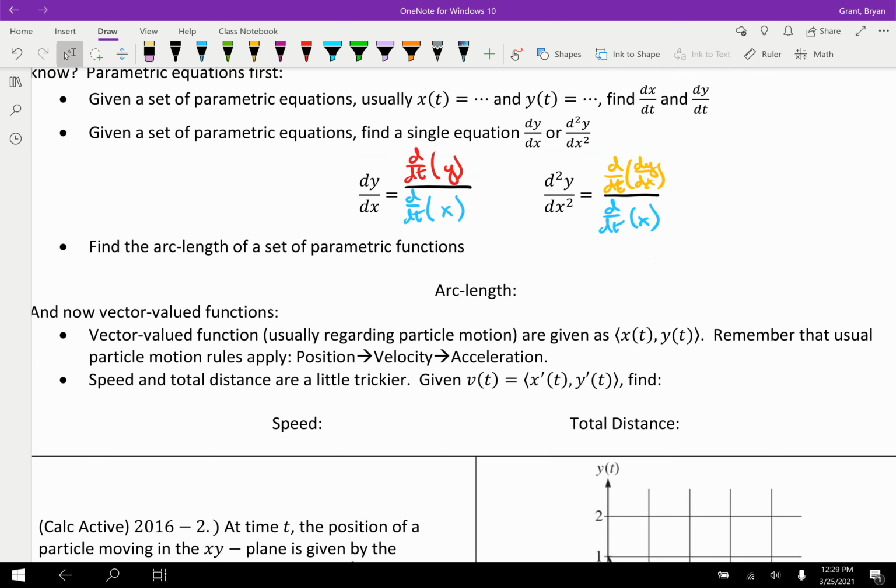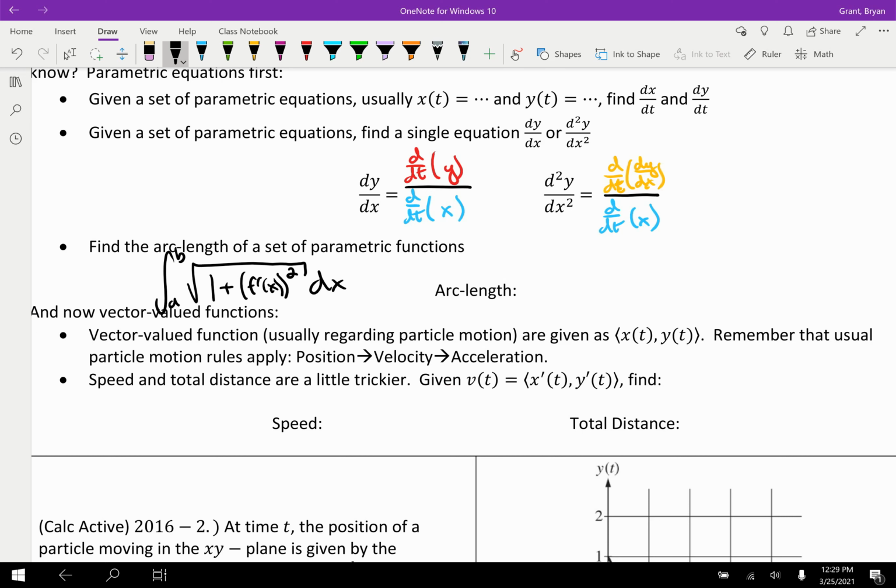The last thing you need to be comfortable with for parametric equations is how to find the length of a specific arc. And that's something that we first saw with non-parametric equations, right? And with non-parametric equations, I'll remind you right now, it's the integral from a to b of the square root of 1 plus the derivative dy dx squared dx.